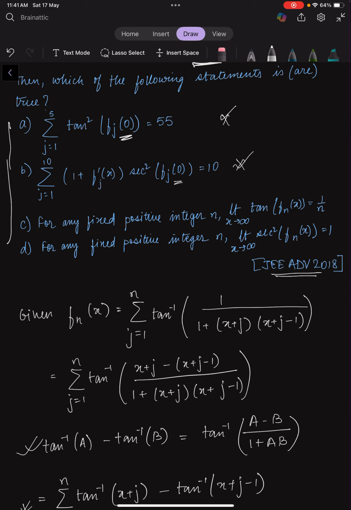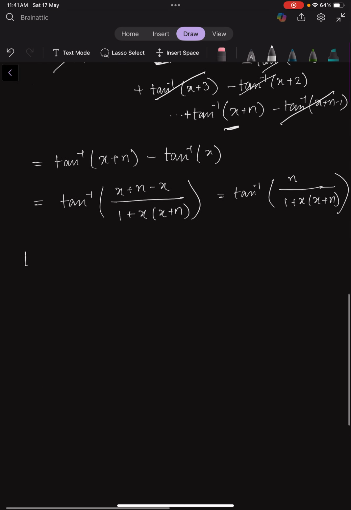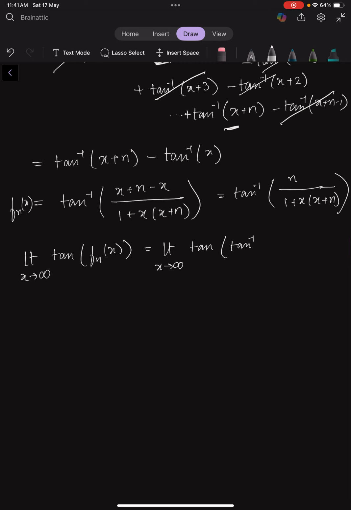Now option C, we have to find the limit as x tends to infinity of tan of f n of x. So this is basically your f n of x. We have already found that the limit as x tends to infinity of tan of tan inverse n by (1 plus x into (x plus n)).